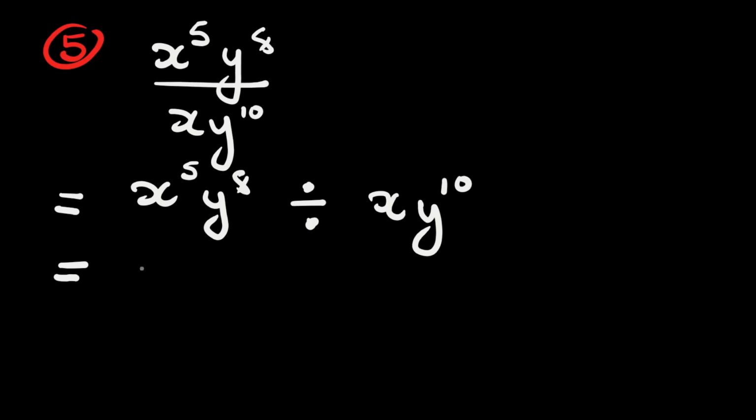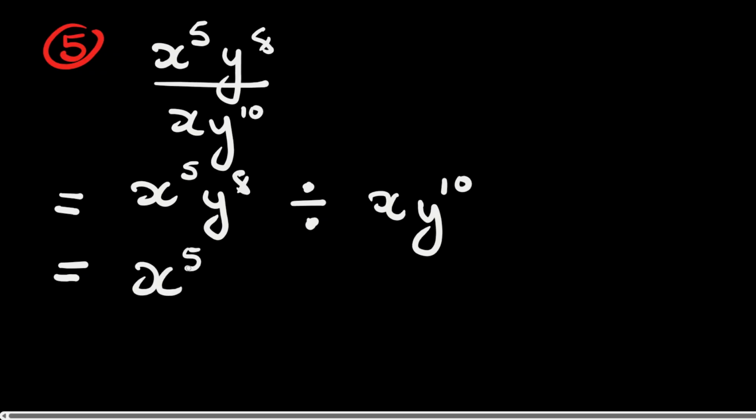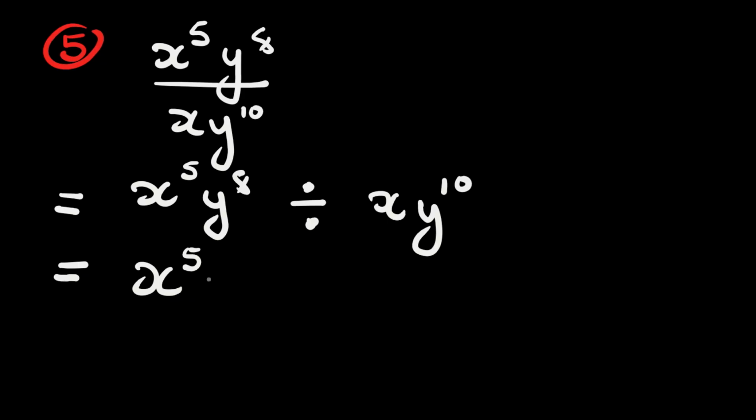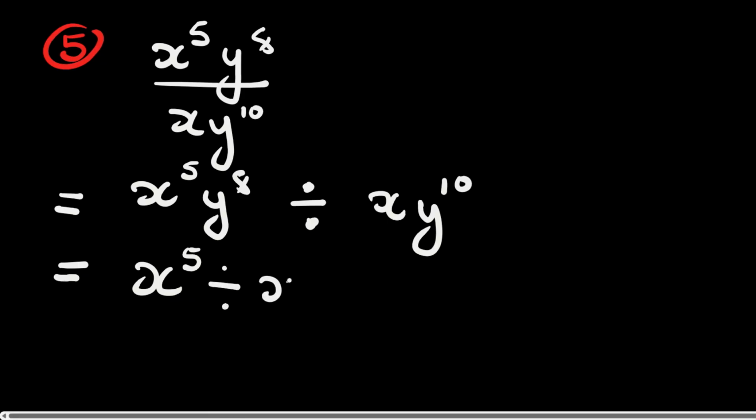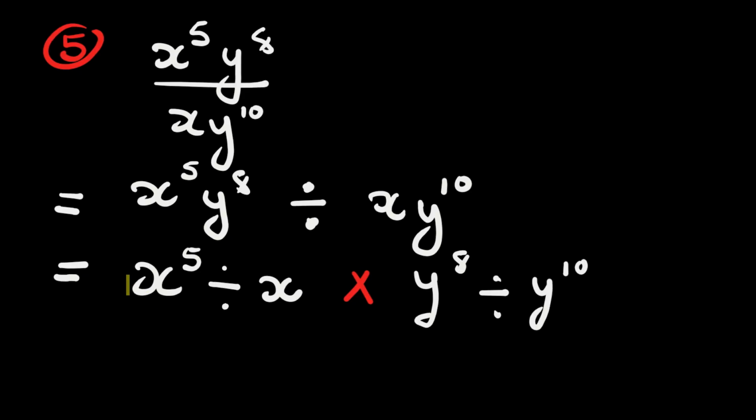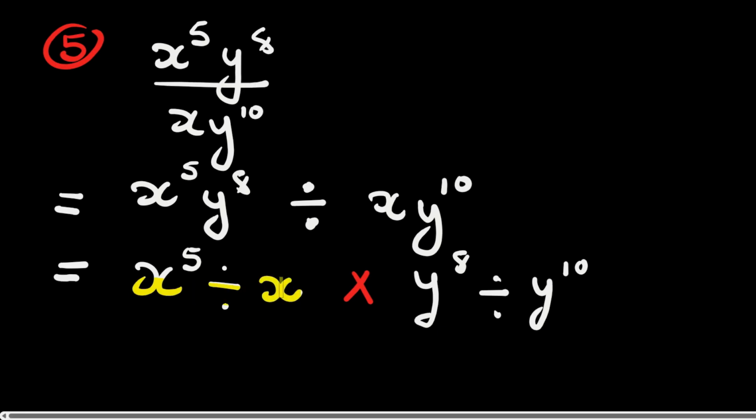So we can rewrite it this way: x to the power 5 divide by x, then multiply by y to the power 8 divide by y to the power 10. Now this way you can deal with the first part easily, because this is basically law number 2.